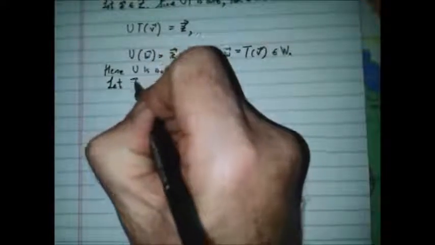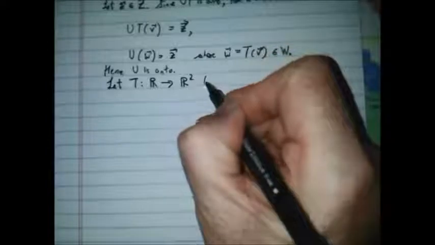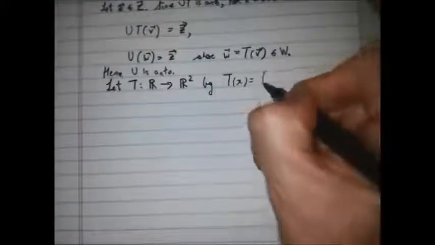Okay, so we'll let T go from R to R2 by T of a number x is the vector (x, 0).